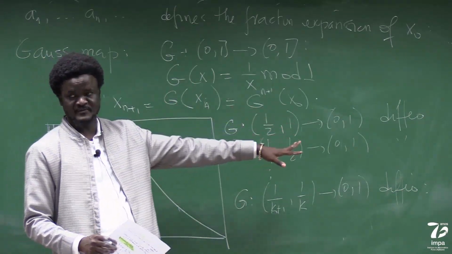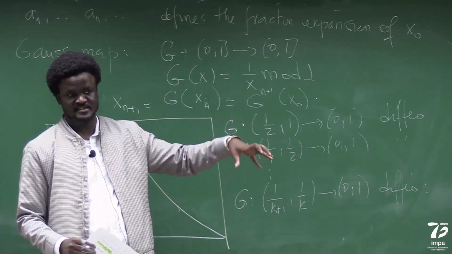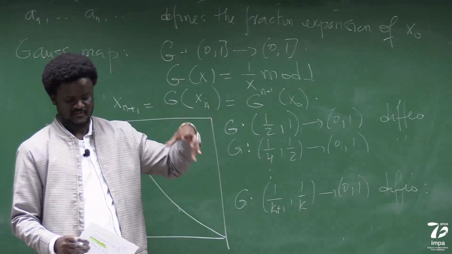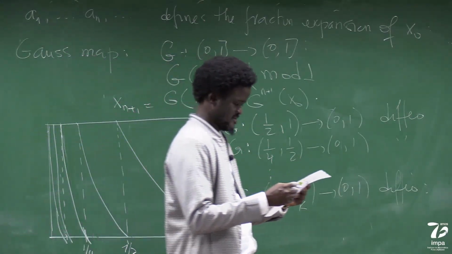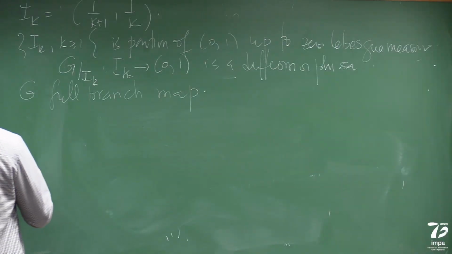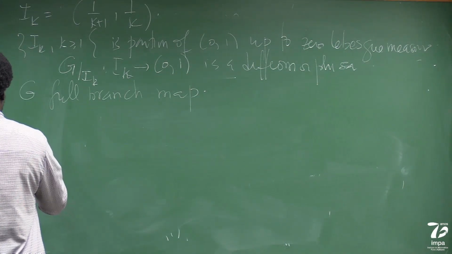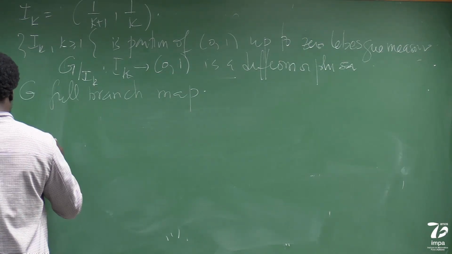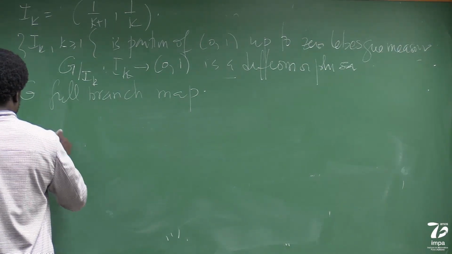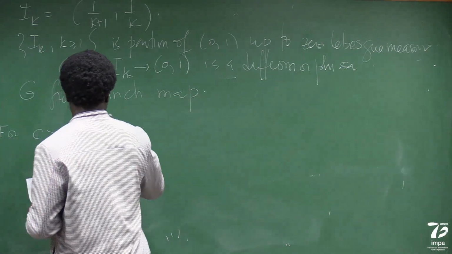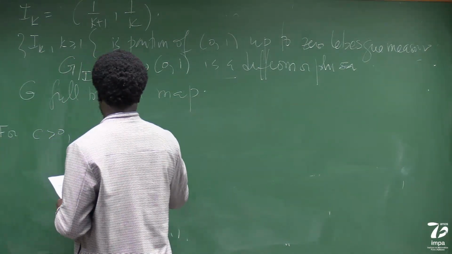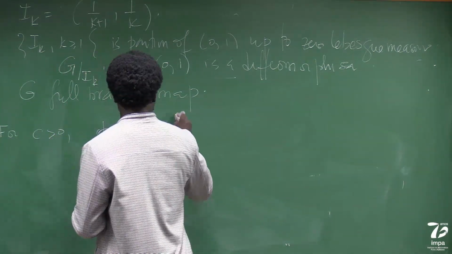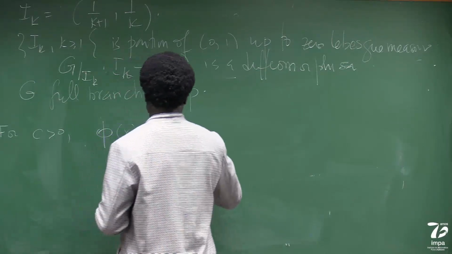But here I'm going to give you the density, and we just check that this density defines the invariant measure, okay? So for C positive, we write phi of x is C over 1 plus x.